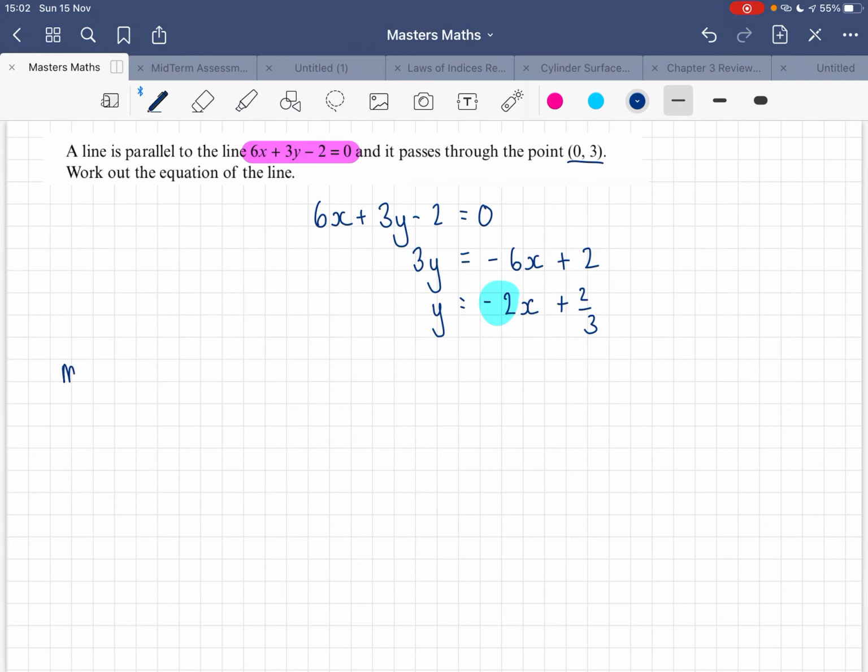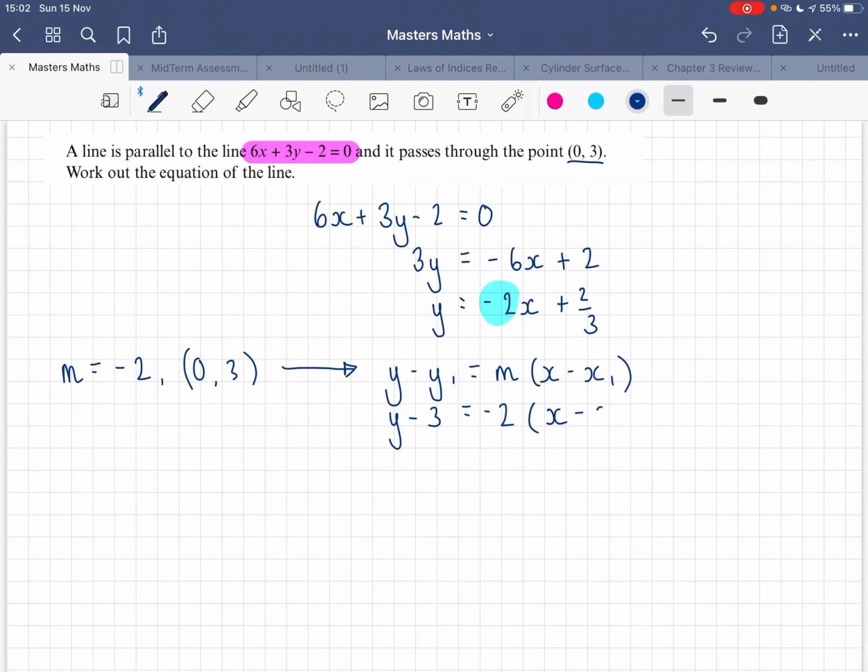So I have my m now is -2, and my point is (0, 3), and I'm going to put those two things into my formula for the equation of a line. Okay, so I have y minus 3 is equal to -2 times (x minus 0).